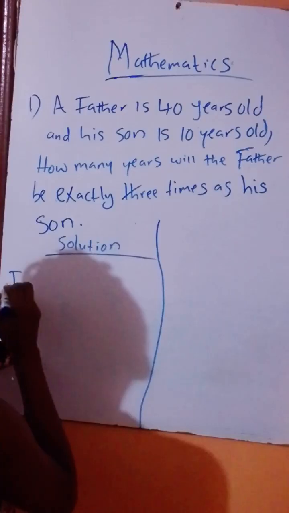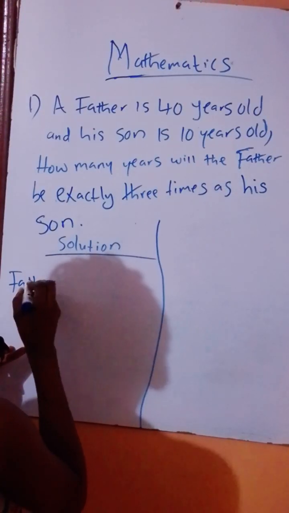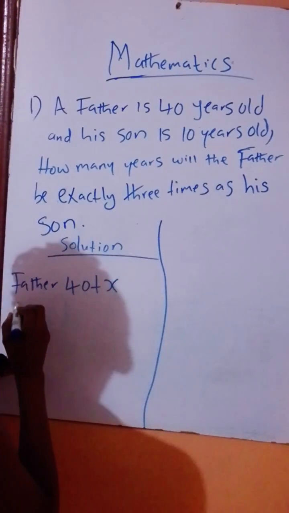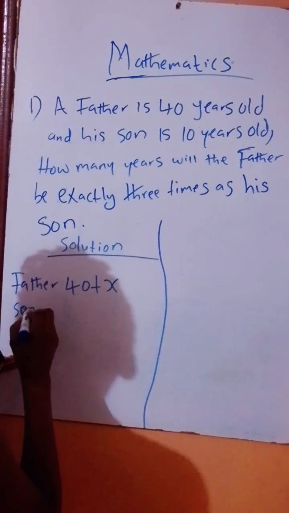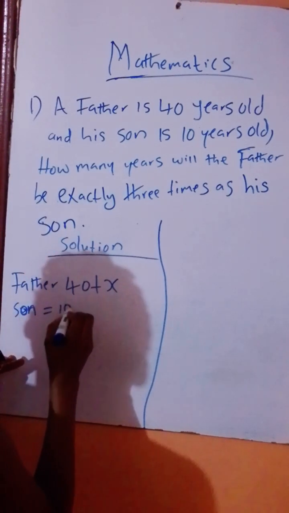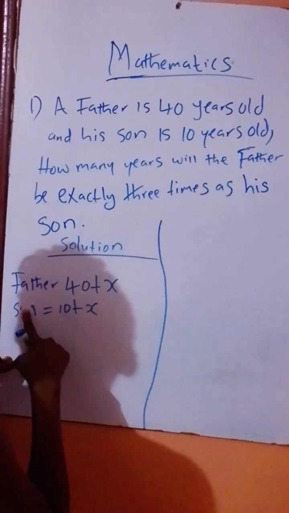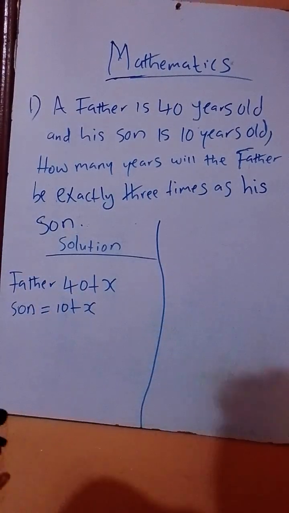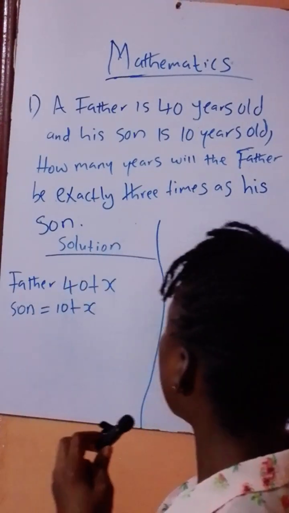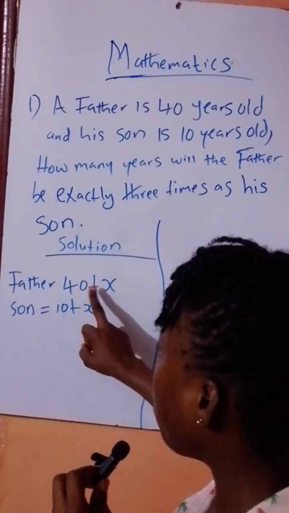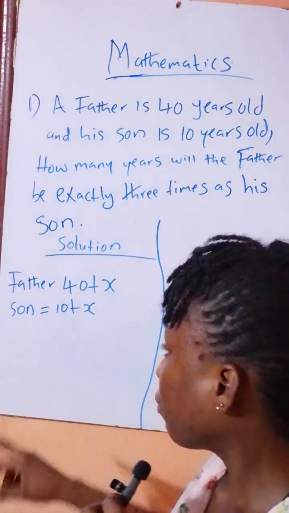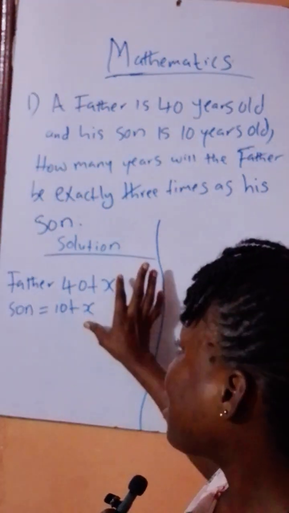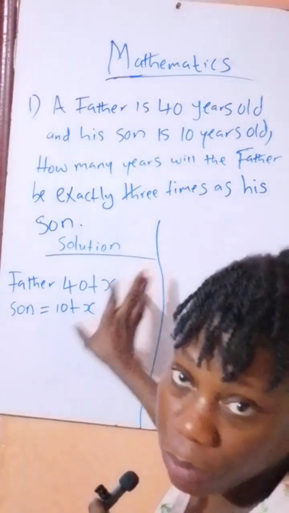Father is 40 plus S. The son is 10 plus S. The father is 40 plus the years we do not know, the son is 10 plus the years we do not know, so we represented it with this S.